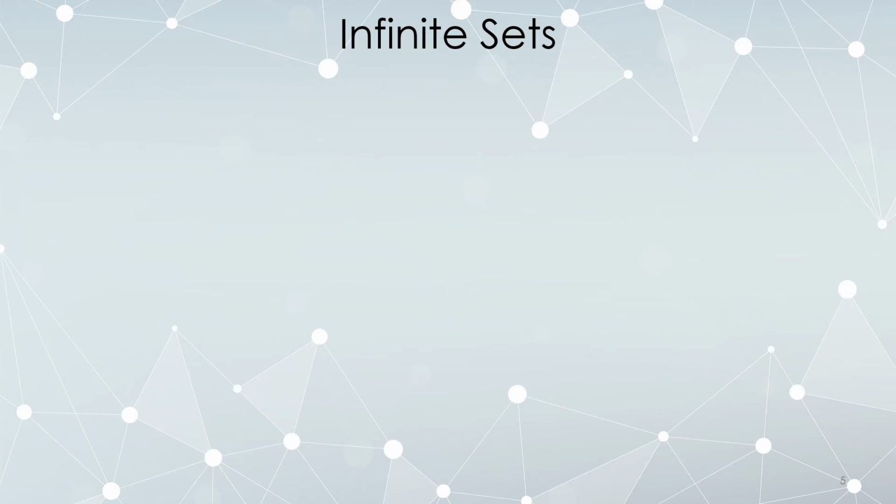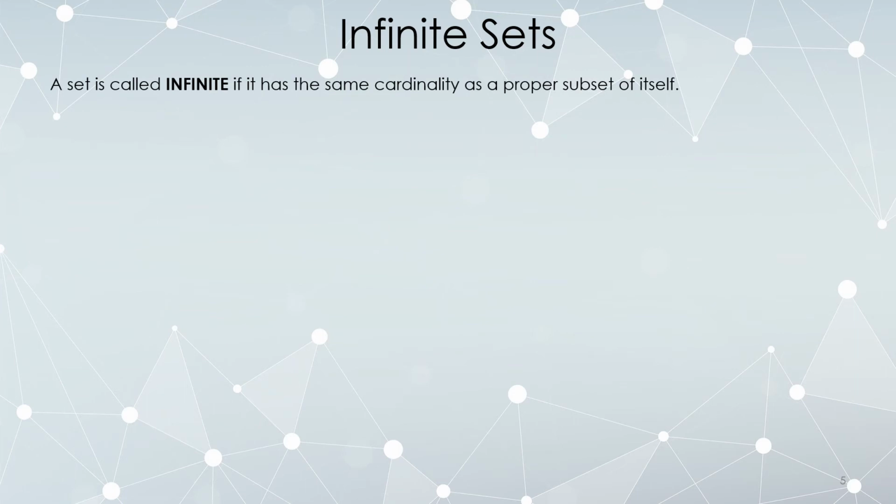This does, however, lead to a discussion of what are infinite sets. So intuitively, we think we might understand what the word infinite means, but here's a definition. A set is called infinite if there is a proper subset, namely a subset which isn't just the entire thing, but does have the same cardinality.